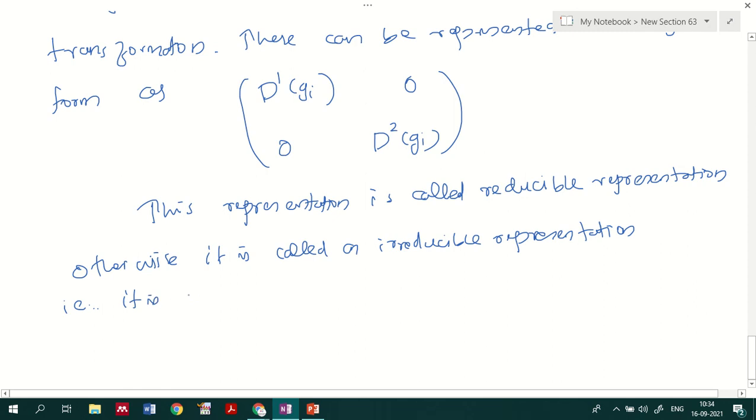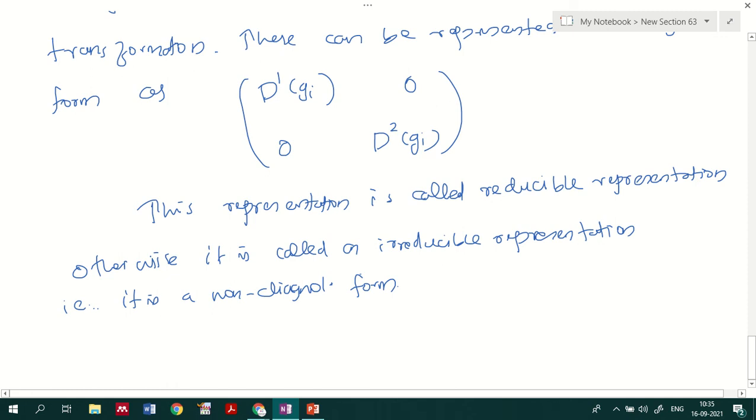So every element in a group you can represent in that kind of representation, where the representation will have the corresponding value in this fashion.